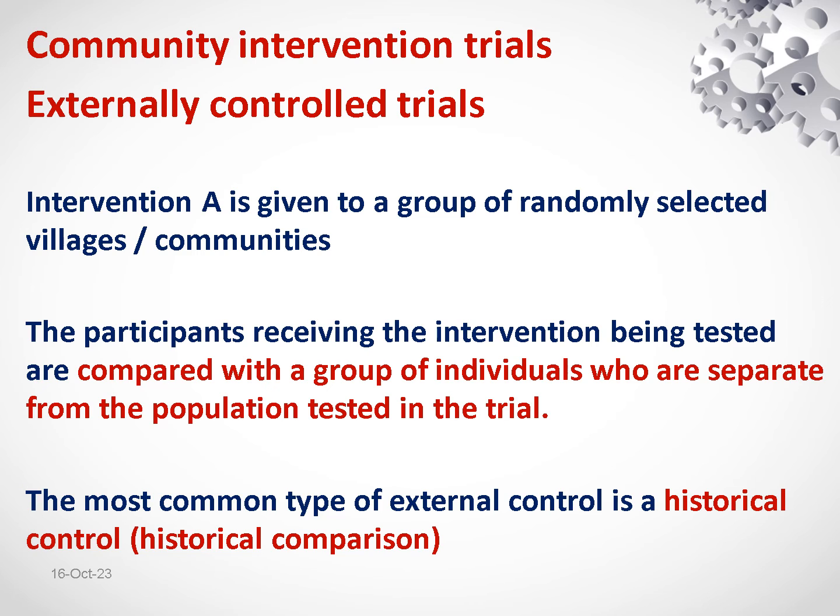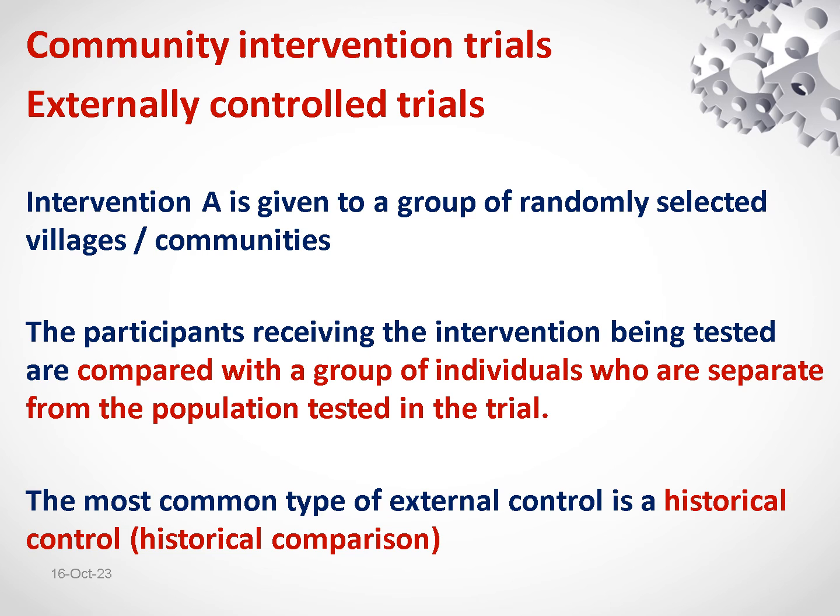Now we can see what is an example of externally controlled trial. Externally controlled trial means intervention A is given to a group of randomly selected villages or communities. Participants receiving the intervention being tested are compared with a group of individuals who are separate from the population tested in the trial.